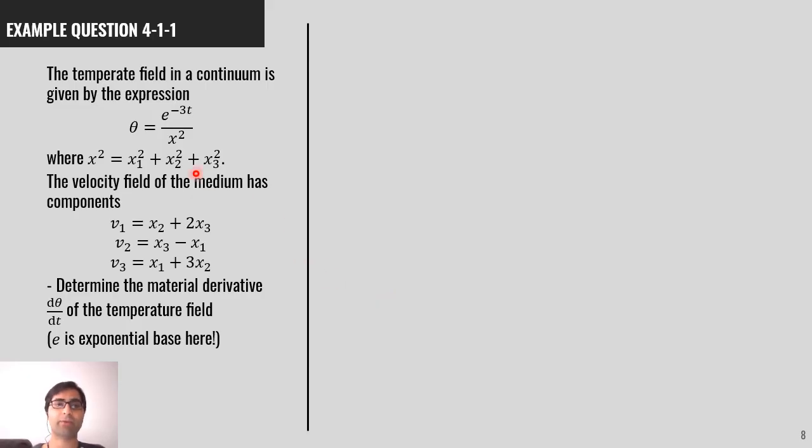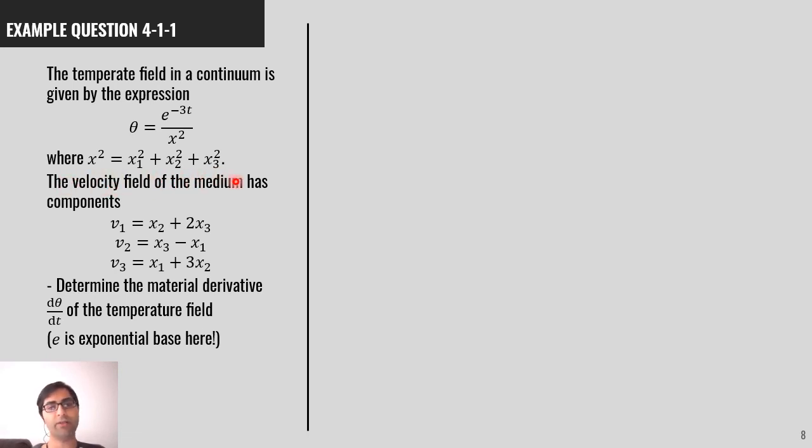Let's see an example. It says the temperature field in a continuum is given by the expression theta is equal to exponential of minus 3t over x squared, and x squared is basically x1 squared plus x2 squared plus x3 squared, and x1, x2, x3 are current states.